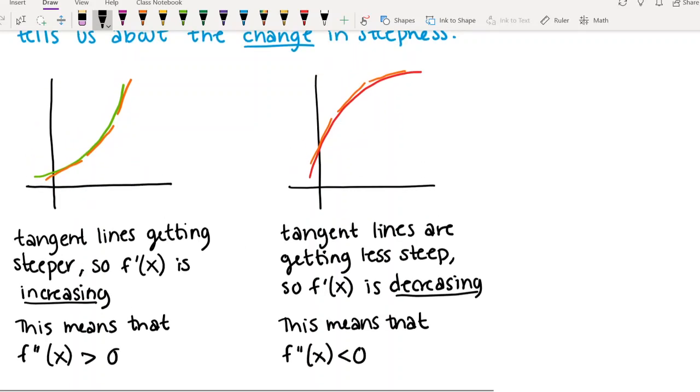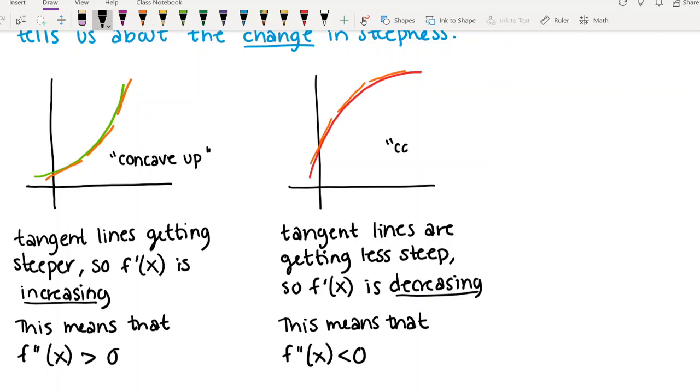And so there's a word for these two different shapes, and I'll define it more concretely in a moment, but this first graph here is what's called concave up. So it's kind of like it opens upward, is the way that I like to think about it. It's like if you were pouring water on this thing, water would start to collect in it, right? Because it cups upward.